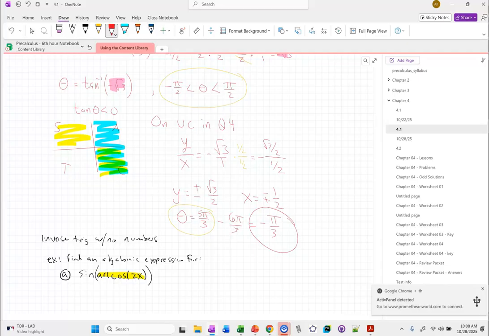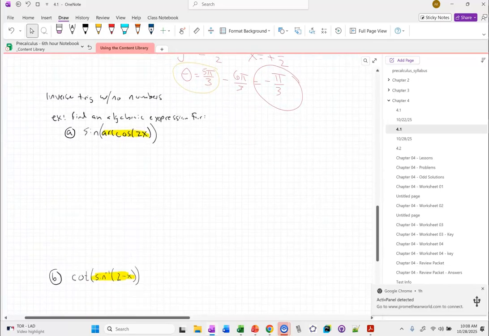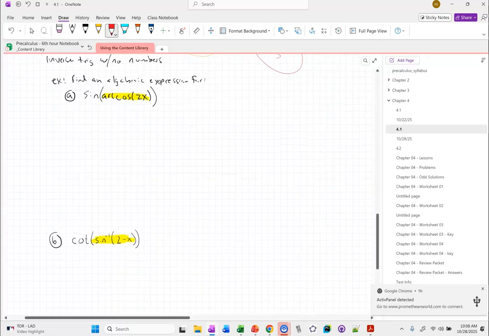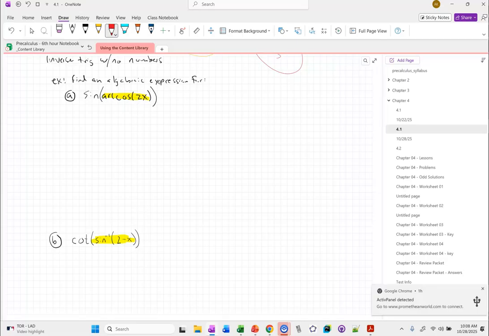All right. Let's look at the next set of problems, which are almost the same set of problems, but no number. Instead of sine of arc cosine of a half, we have sine of arc cosine 2x.